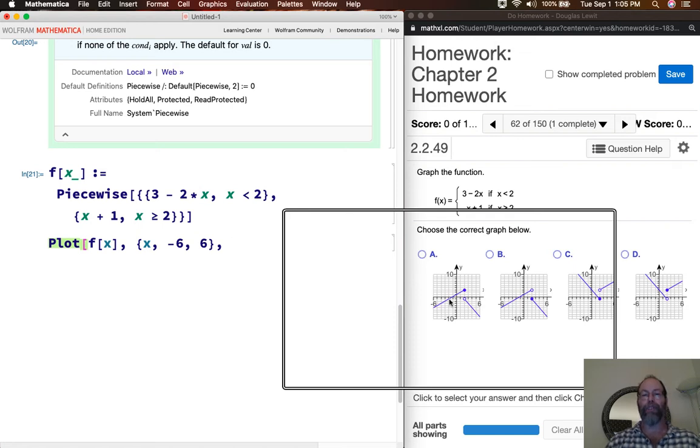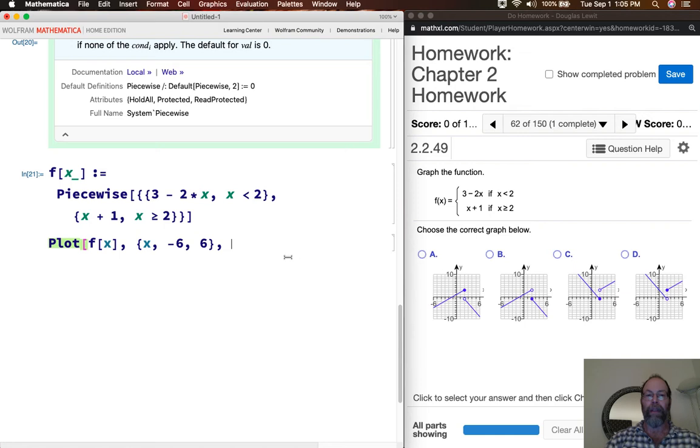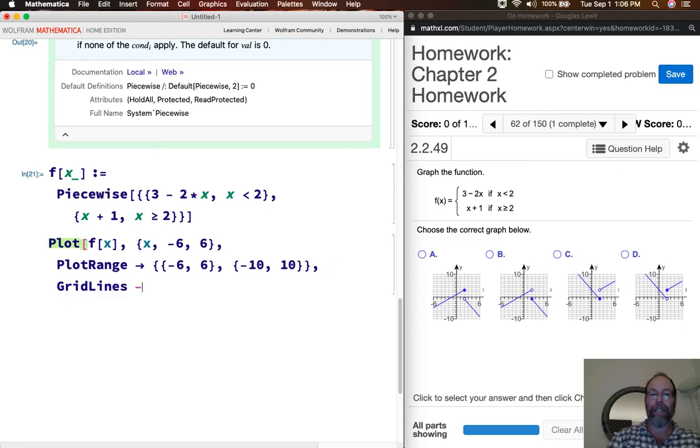So that's why I'm choosing those values for the x-axis. The plot range: x goes from -6 to 6, which is what we have already, and then y goes from -10 to +10, correct?